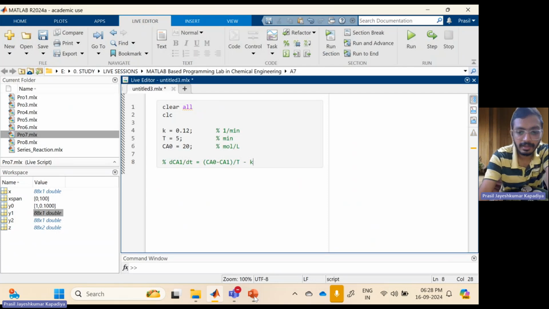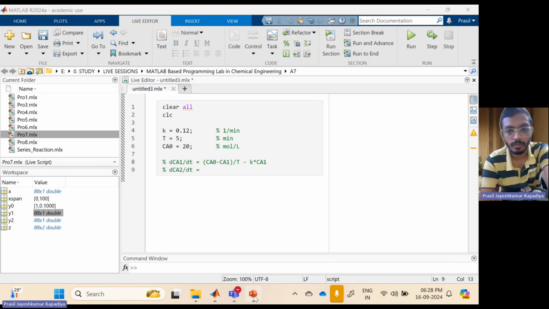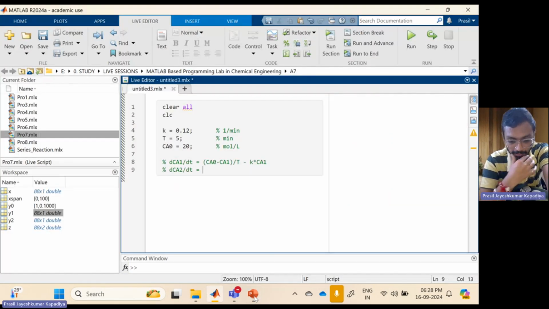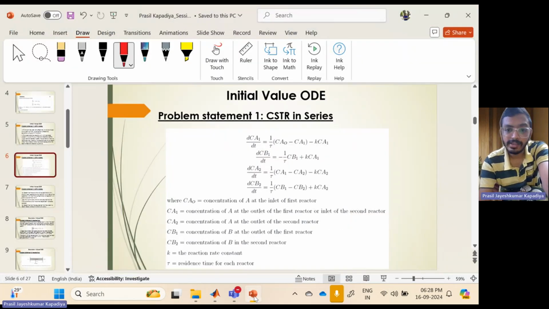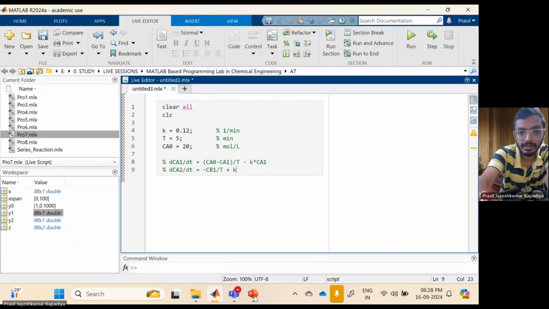This is my first equation. My second equation is dCB1/dt = -CB1/tau + k CA1. Sorry, here it should be CB1. Formation of B is positive, correct?